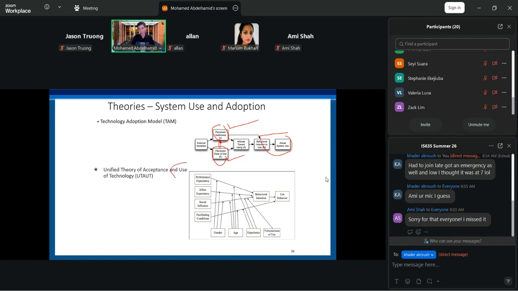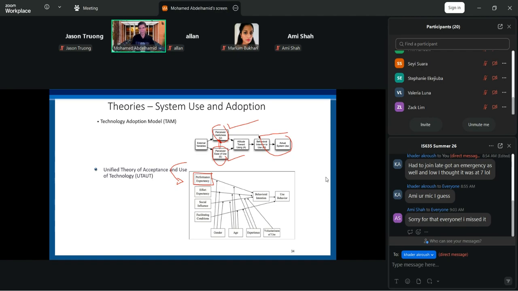Now, the more advanced theory that fixes some of the missing factors here is also similar. So it says people will use your technology if it improves their performance. So performance expectancy is how much I expect this solution to improve my performance. That could be efficiency, could be entertainment, could be financial performance, whatever it may be.